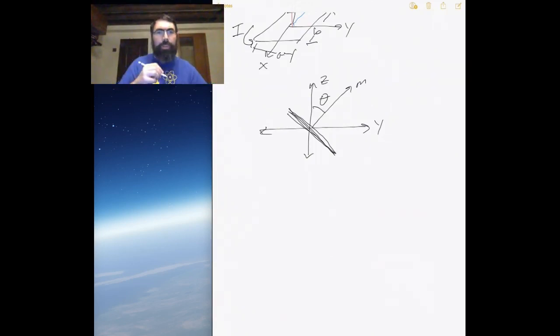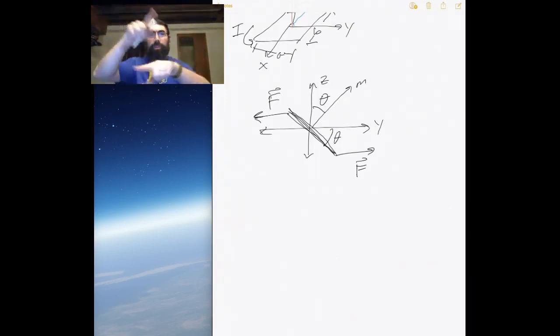I would have this angle theta, which also turns out to be the theta between the y-axis and the loop. And I would get magnetic forces, of the current and the magnetic field, which would be pointing in these directions. So these forces are the ones that are going to cause it to start to rotate around, like so.